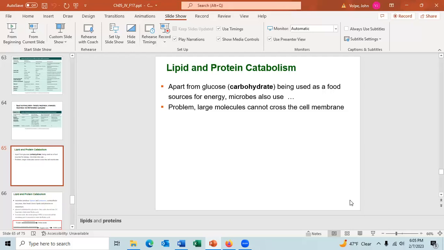Carbohydrates usually are just converted, meaning you remove the last sugar, and then you add water to it, and that comes into play by the hydrolysis of water.